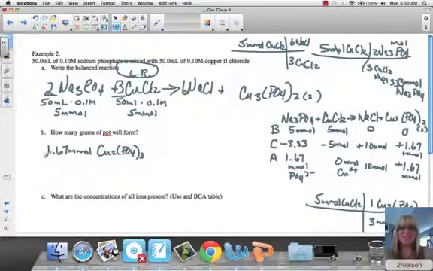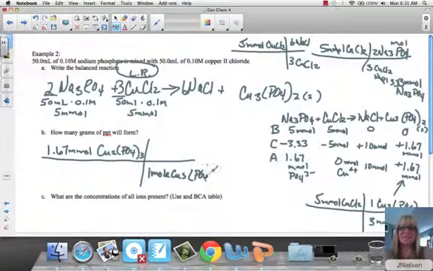So back to figuring out grams of precipitate. We have 1.67 millimoles. That's how we got that right there. And we know that 1 mole of Cu3(PO4)2 has a mass of, I got 380.5 grams of Cu3(PO4)2. Hopefully my math is right on that.